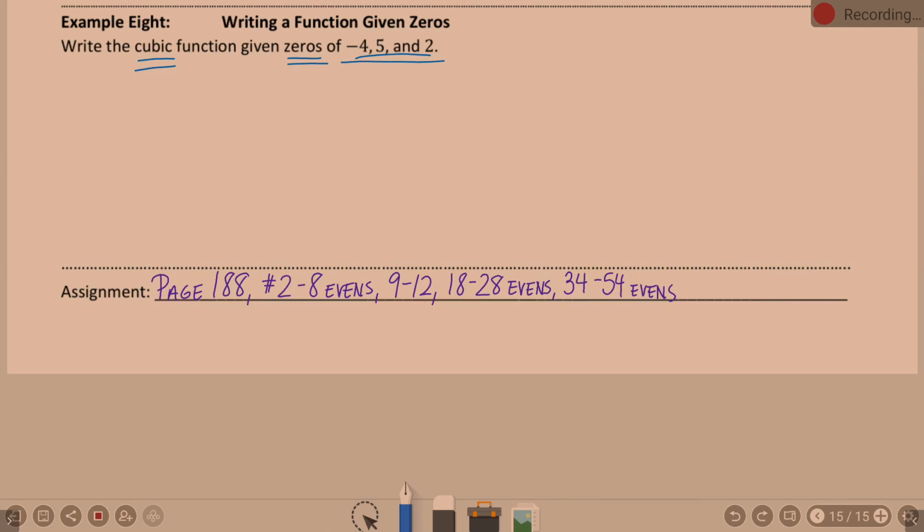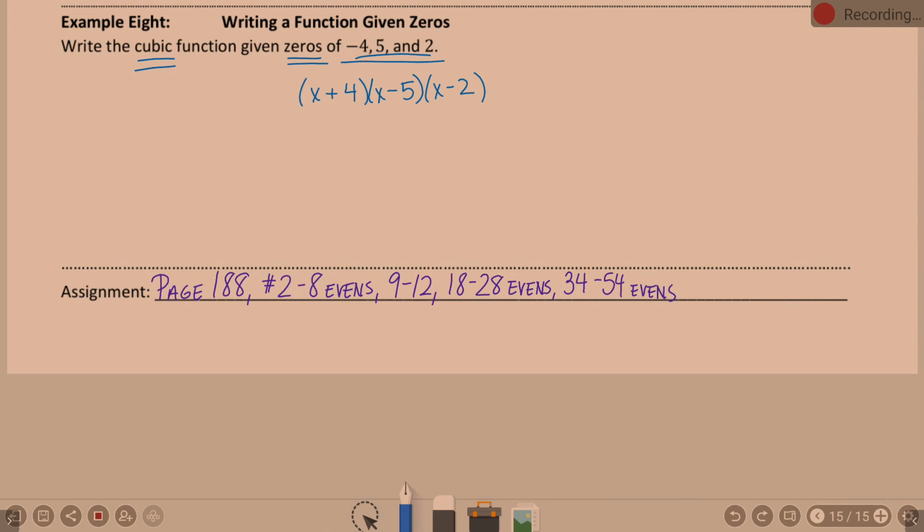X plus 4, X minus 5, X minus 2. If these are the zeros, what do they look like in an equation? Negative 4 comes from the parentheses x plus 4, yes? What does an answer of 5 usually come from? It comes from x minus 5. And what does an answer of 2 come from? X minus 2.